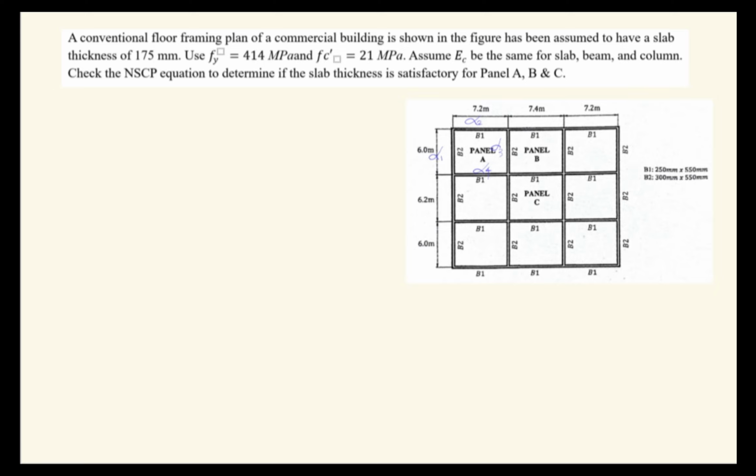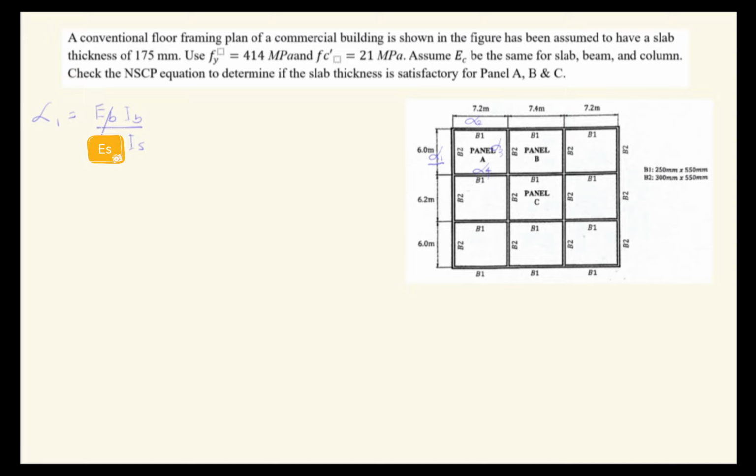So for alpha 1, that is alpha 1 equal to ECB IB divided by ECS IS. And it was stated in this example that the modulus of elasticity of the slab, beam, and column are all the same, such that this will cancel out.